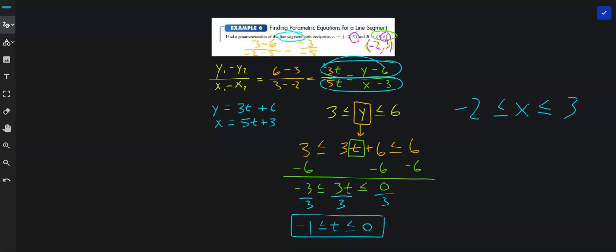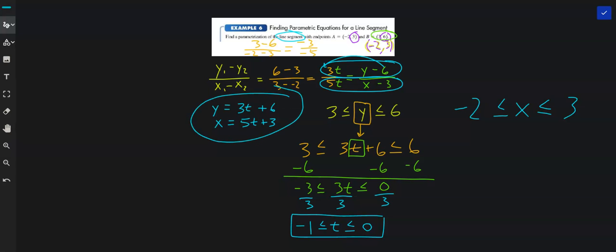And then, instead of Mr. Plummer Collins telling me to do 3t plus 6, he would have told me 5t plus 3, and we would have gone through the same process, and guess what? We would have gotten the exact same parameters for t. So, as long as you stay with either the x's or the y's, you'll get the parameters for t.